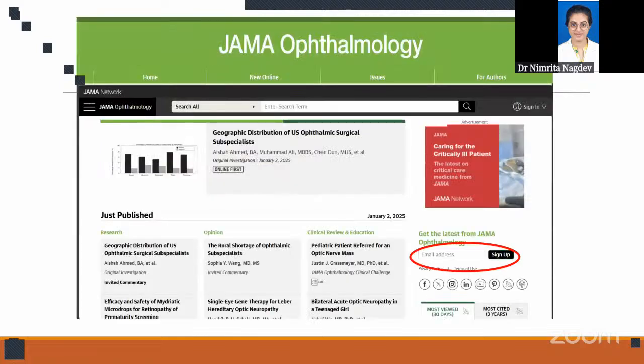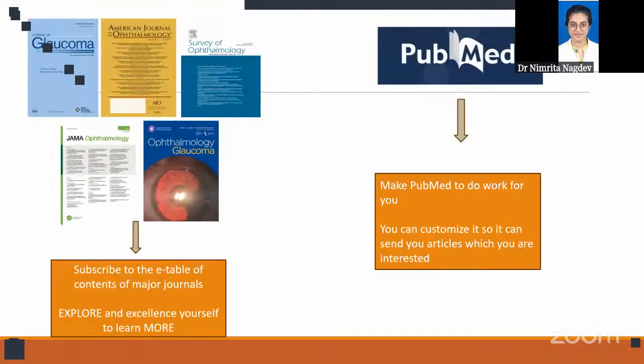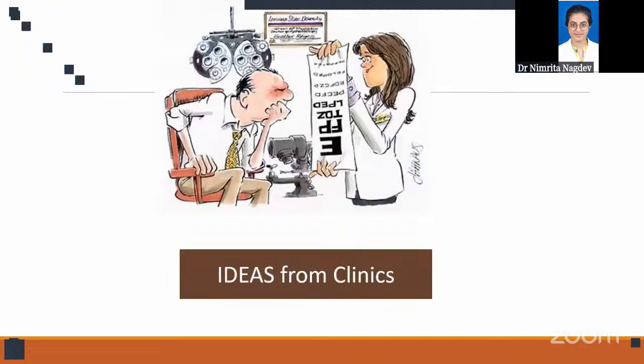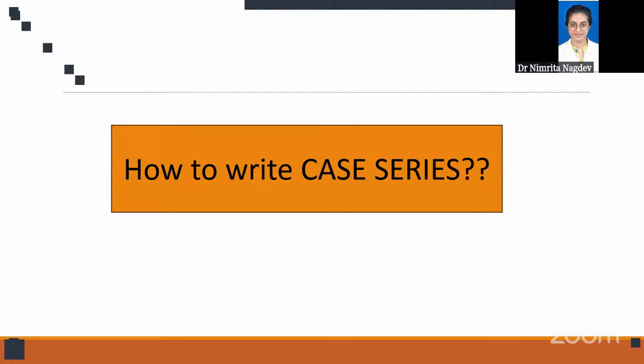You can subscribe to many journals online, and they can send you the articles monthly, and you can read them. Also, you can customize PubMed, and PubMed will send you the articles you are interested in. You can get ideas from clinic.